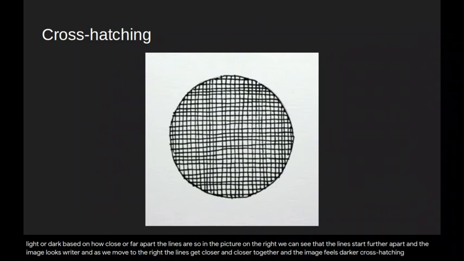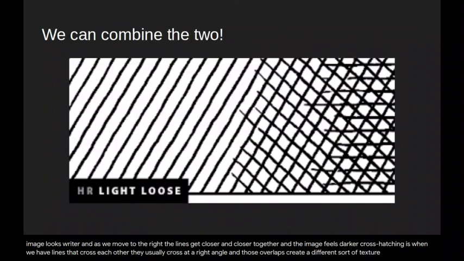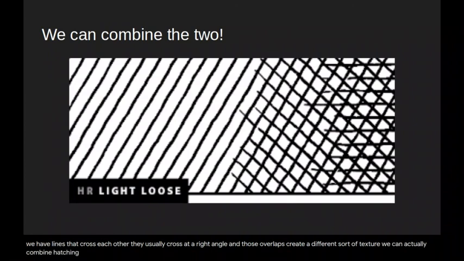Cross-hatching is when we have lines that cross each other. They usually cross at a right angle, and those overlaps create a different sort of texture. We can actually combine hatching and cross-hatching to create more feeling of light and dark, or value.